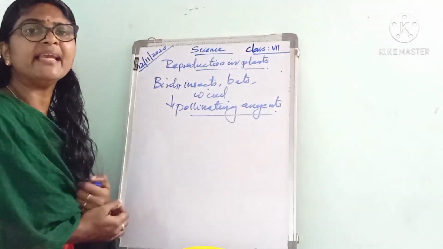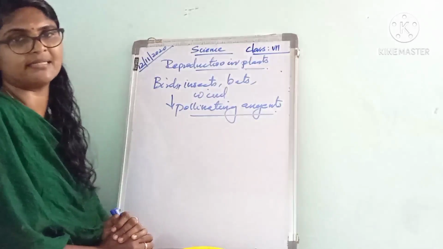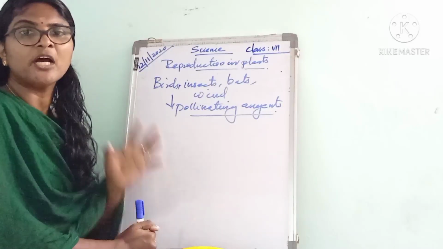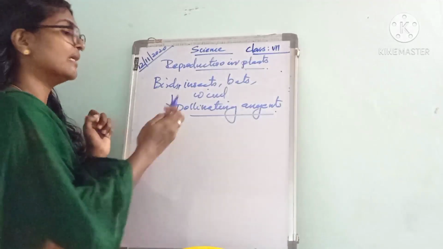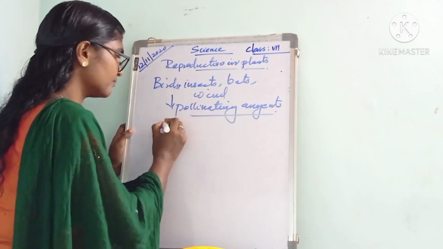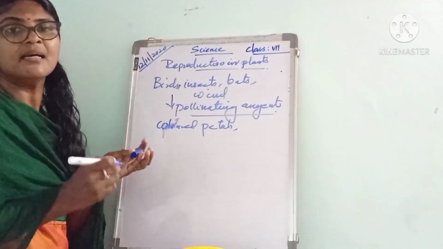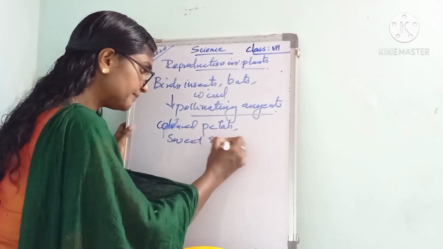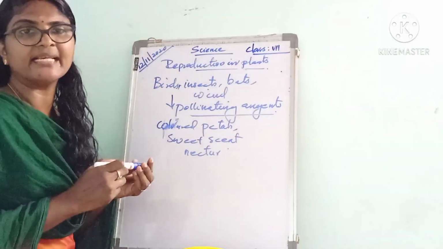Many insect pollinated plants have flowers with large colored petals, sweet scent, and nectar.